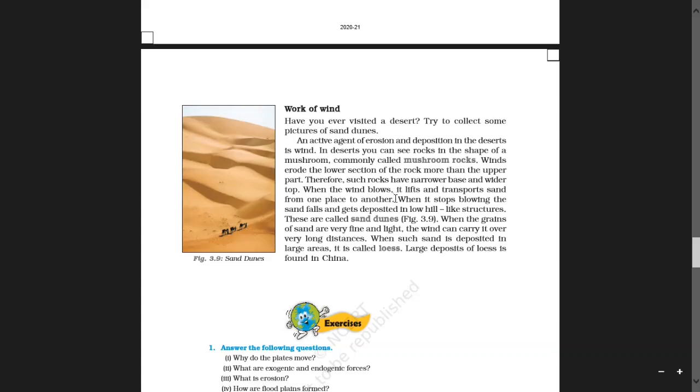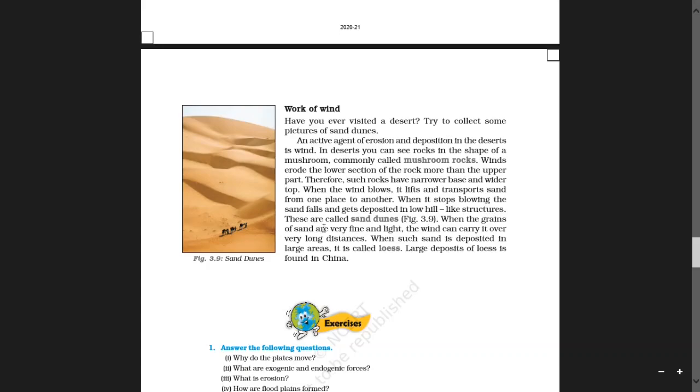When it stops blowing, the sand falls and gets deposited in low hill-like structures. These are called sand dunes.